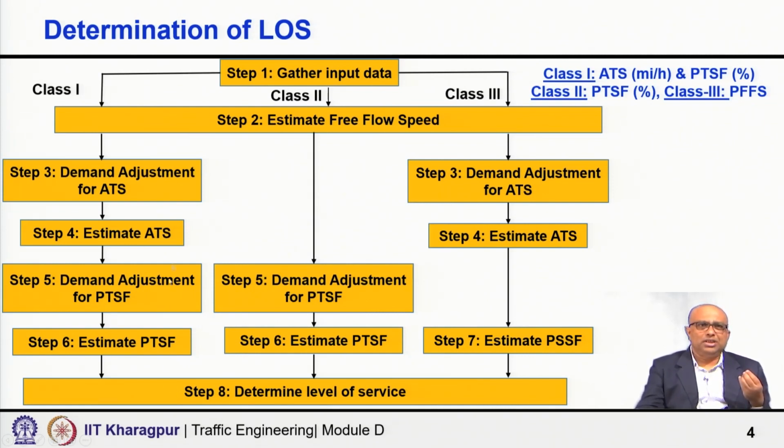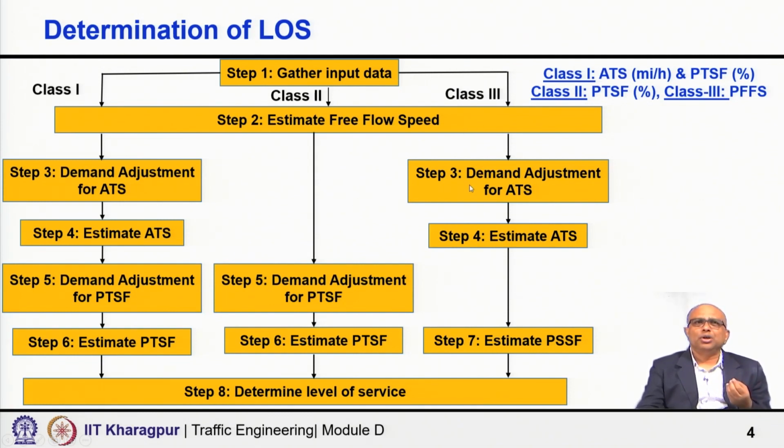Once the PTSF and ATS are known, you determine the level of service. For class 2 roads, it is only PTSF, so step 5 and step 6 are done, and then step 8.